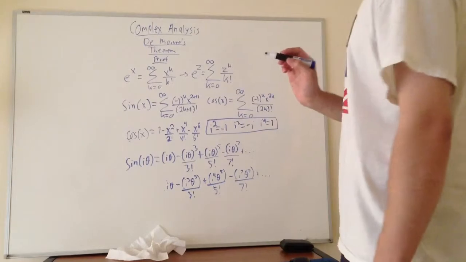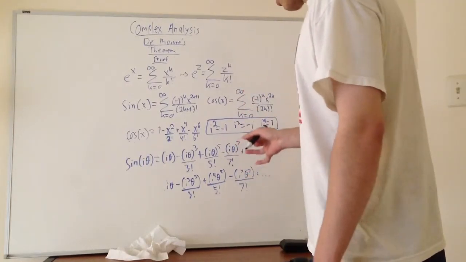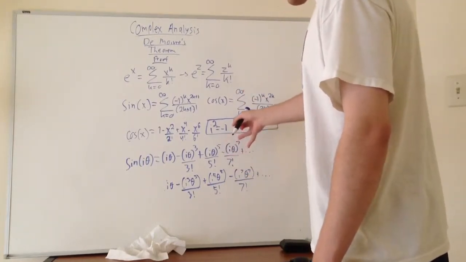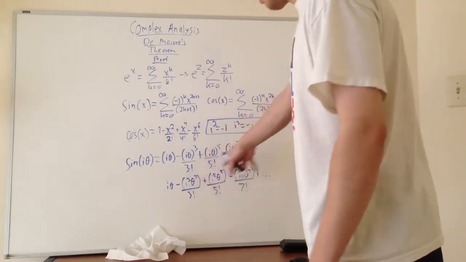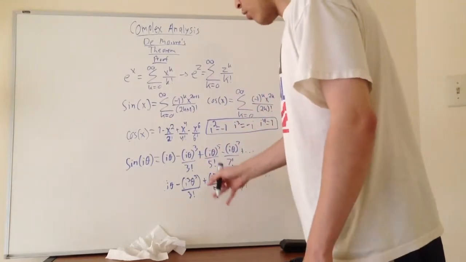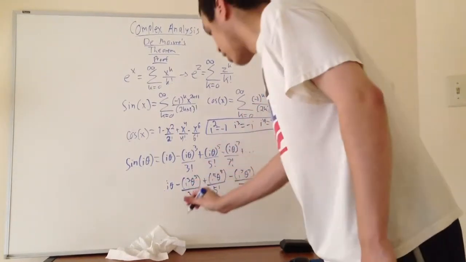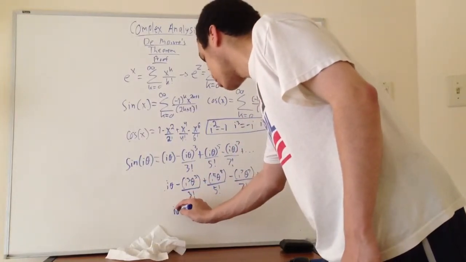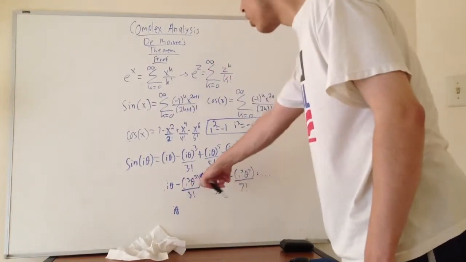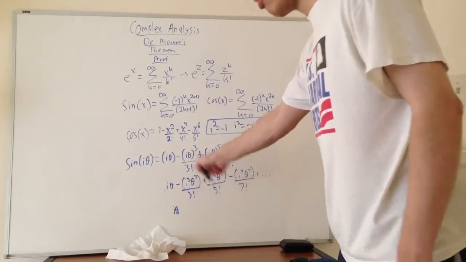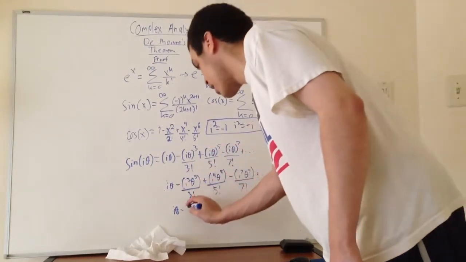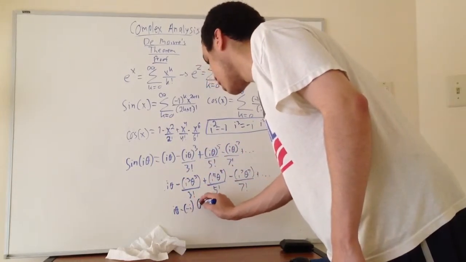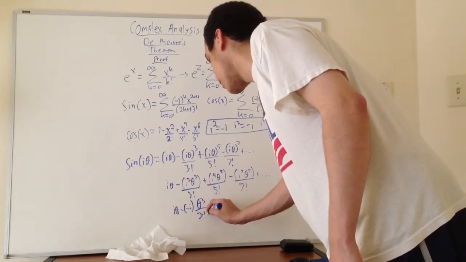And this right here is very important. So what we're going to do is replace this i cubed with -i. I'm going to write it down here. So i theta, and i cubed becomes -i, and I can pull that out. So I can have minus a -i times theta cubed over 3 factorial.